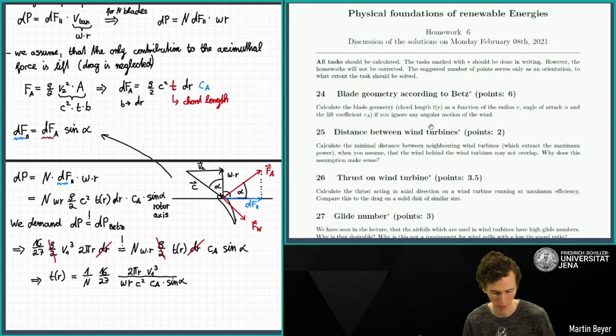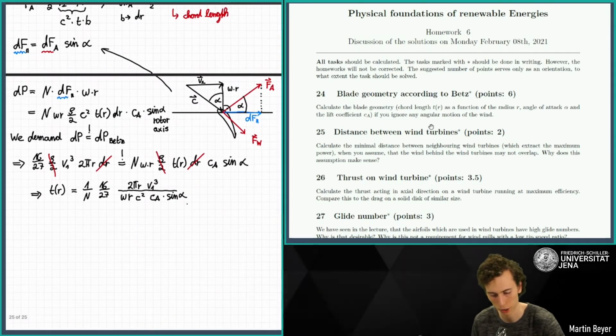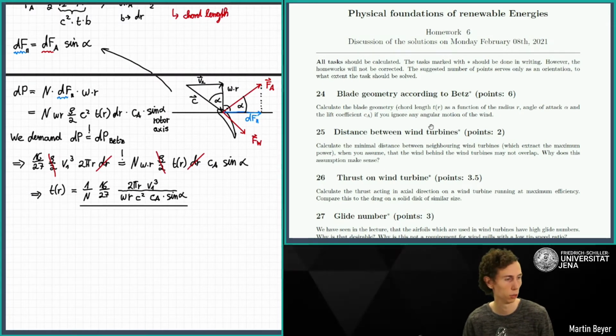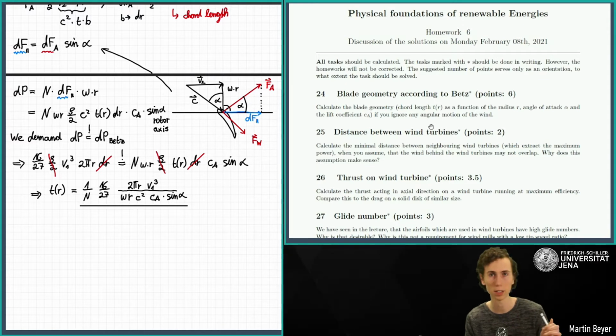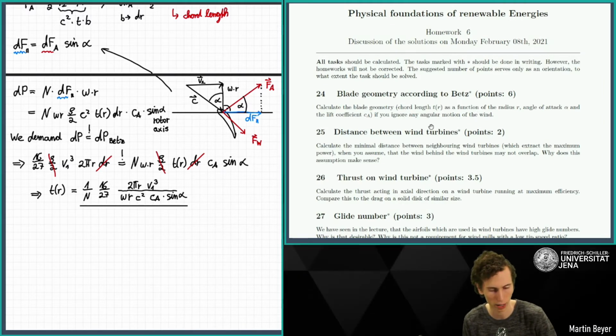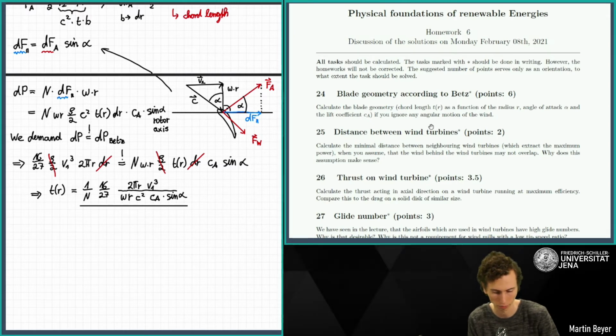This is already a valid expression, but you had to find the solution just as a function of radius, the inflow angle (sorry, not angle of attack) and the lift coefficient. So we have to substitute the velocity here.